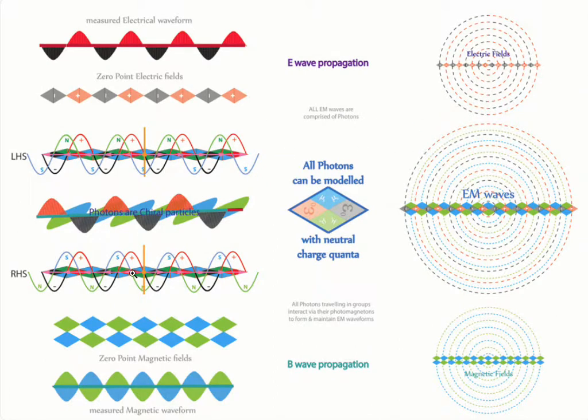This page just simply looks at the phase relationships between the electric and magnetic fields within EM fields. Take a closer look if you want. I won't go into great detail here because it will become laborious to explain. But again, just note that there is a 90-degree phase relationship, or a sine-cosine relationship, between both the E fields and the M fields, and again between adjacent photons in the EM wave, of which only the amplitude photon is shown here on the right hand side, and then above it is shown the E field arrangement, positive, negative, and then the M field.